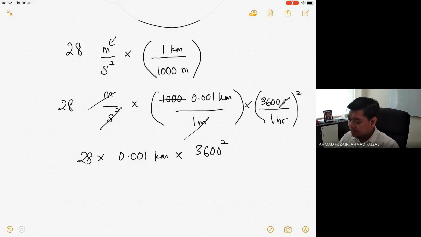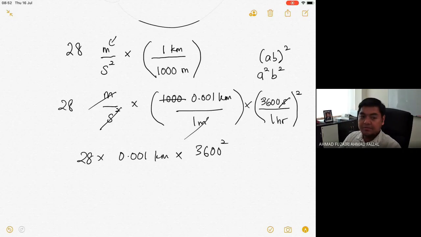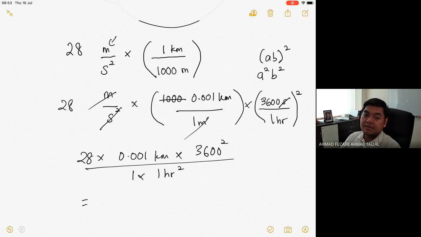Kenapa? Sebab don't forget about kurungan. Kalau A, B square tu dia akan dapat apa? Dia akan dapat A square, B square. Correct. So over dengan, bawah ada 1 kali dengan 1 hour square. So inilah baru you tekan calculator.